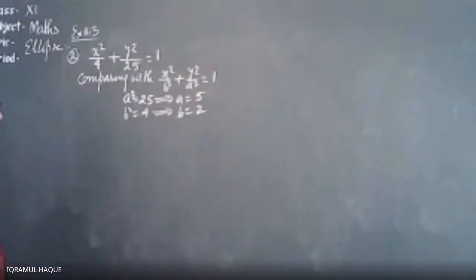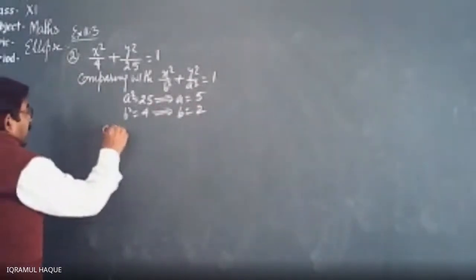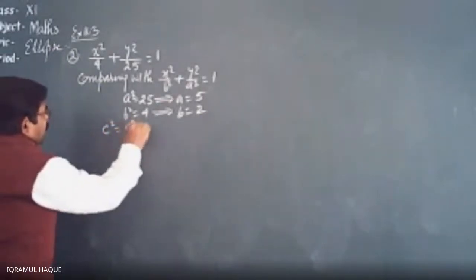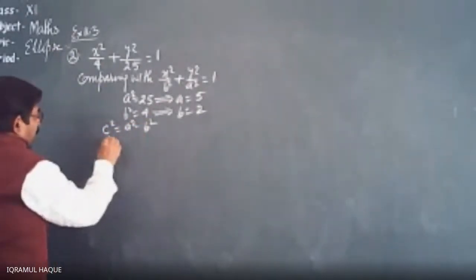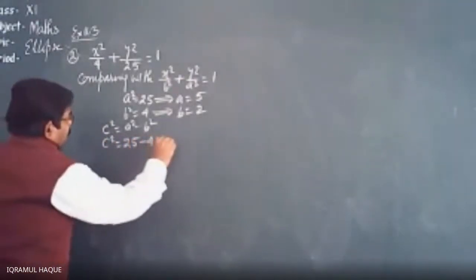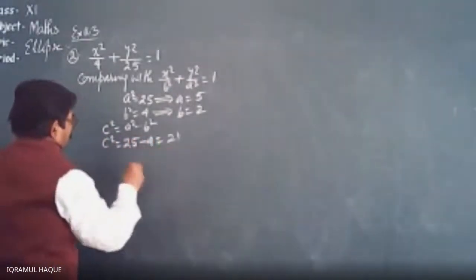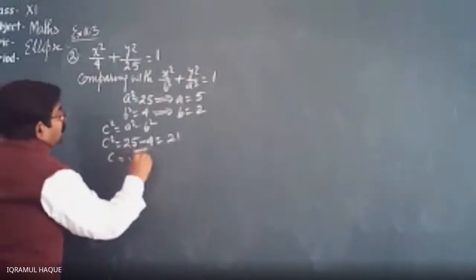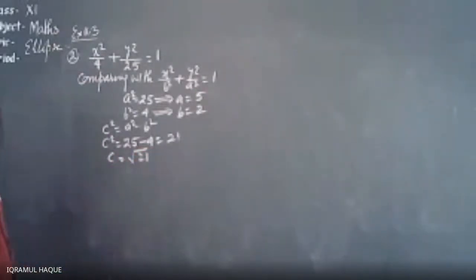Let's find c. c square is equal to a square minus b square, which is 25 minus 4 is equal to 21. So c is equal to root 21.